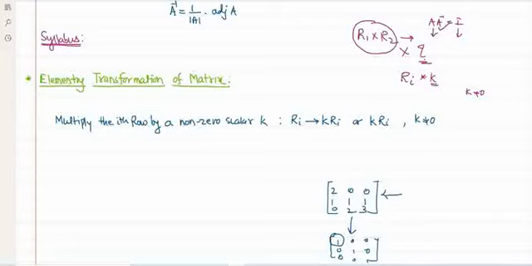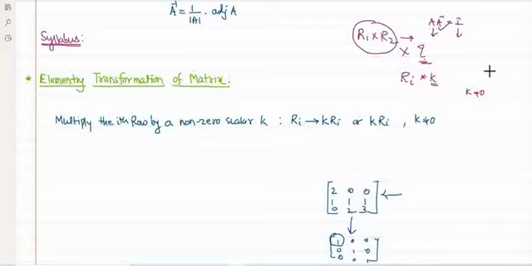Sir, if we change the rows? Yes, that is the first basic elementary transformation. We can change any two rows or any two columns as per our requirement. Okay, that is the first transformation: interchange of the ith row and jth row.